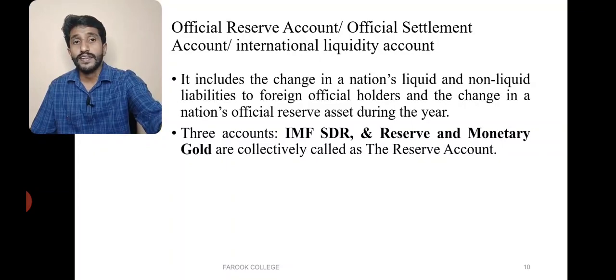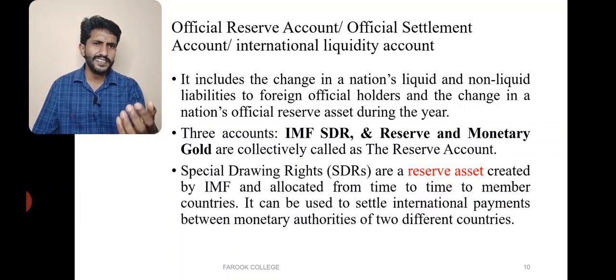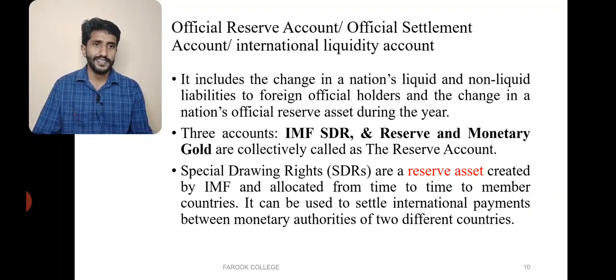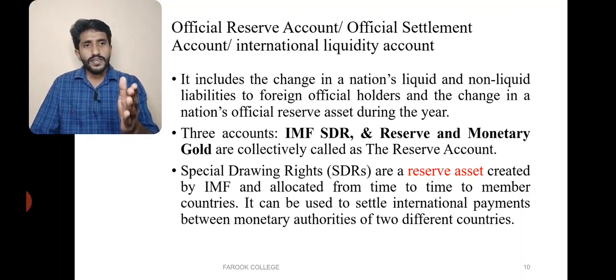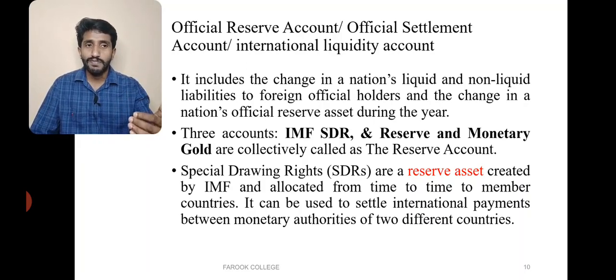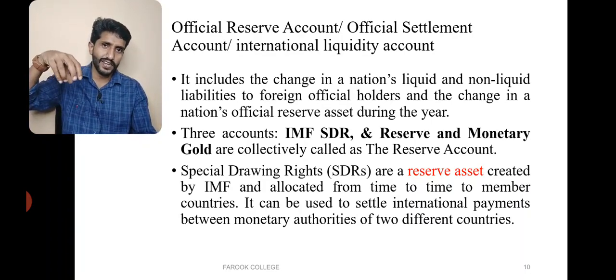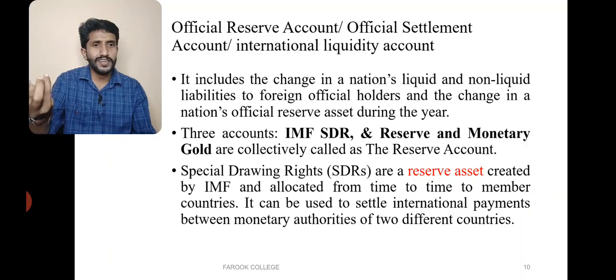Collectively, it is known as the reserve account. So what is SDR? SDR is special drawing rights. It is like a reserve asset created by the IMF and allocated from time to time to member countries. It is a reserve in the IMF, allocated to each country.